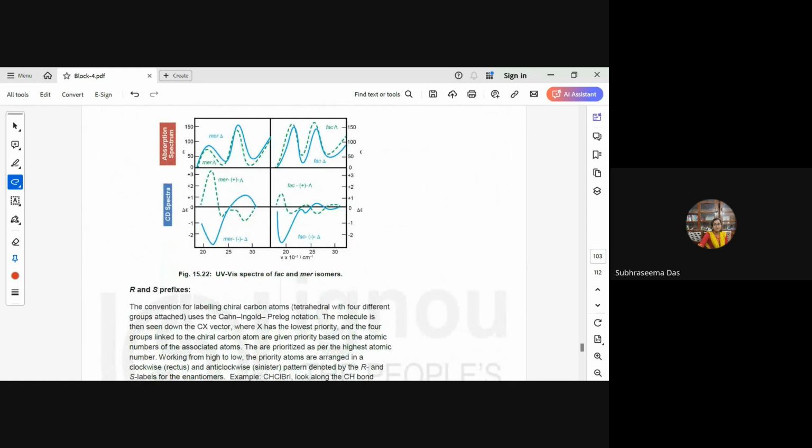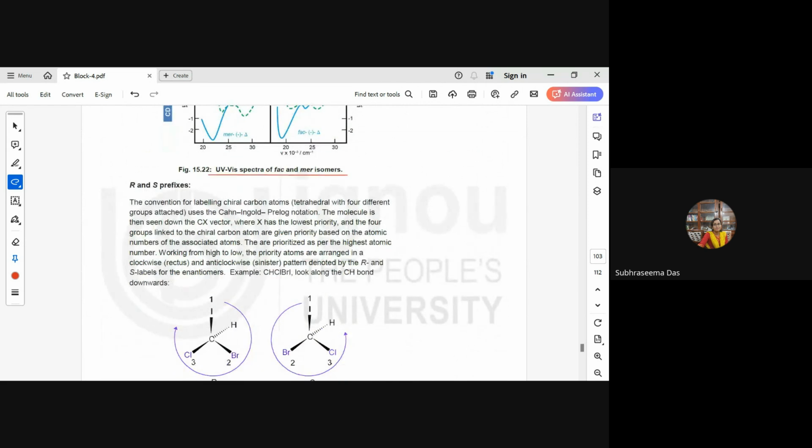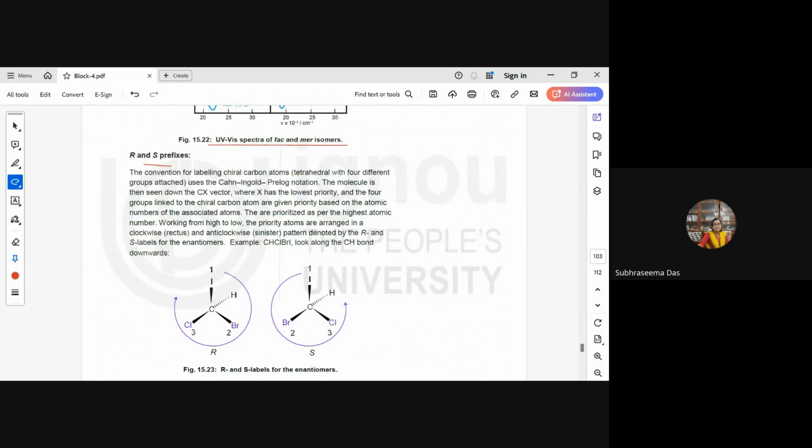When we look into the spectra of facial and meridional isomers, then we go for R and S prefixes. This prefix was proposed by the Cahn, Ingold and Prelog notation, and it is based on assigning the highest priority to the group that has the highest atomic weight.